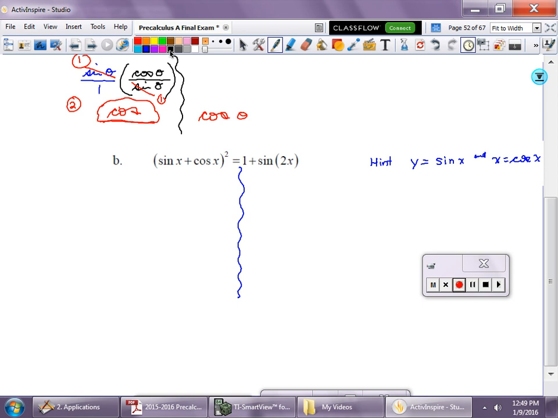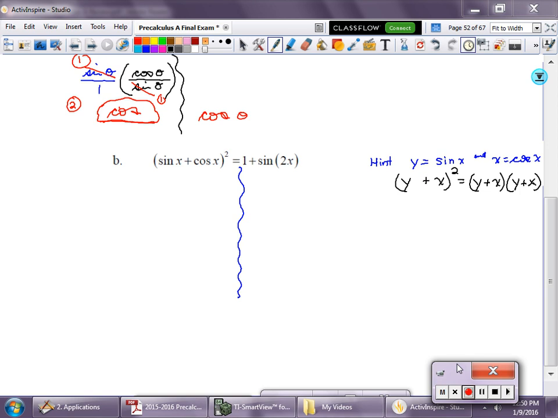I'm doing all this rewriting on the right side, and you have to show it on your paper as well. So rewriting this is going to be y plus x squared, which is equal to y plus x times y plus x. When you square something, it's the product of a number or an expression times itself.